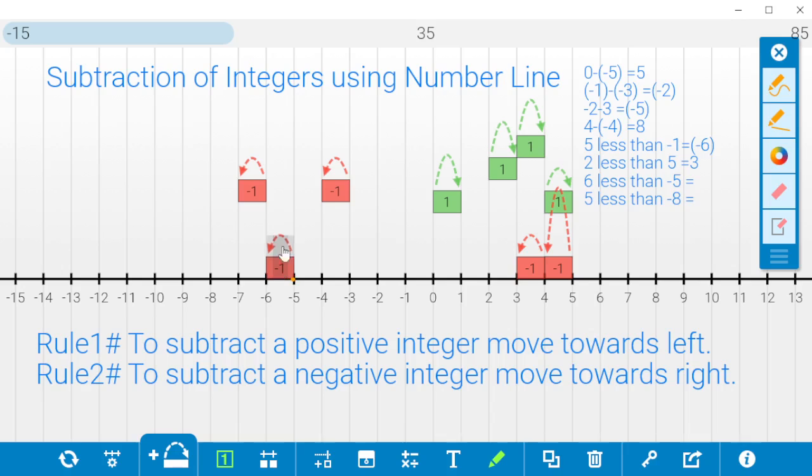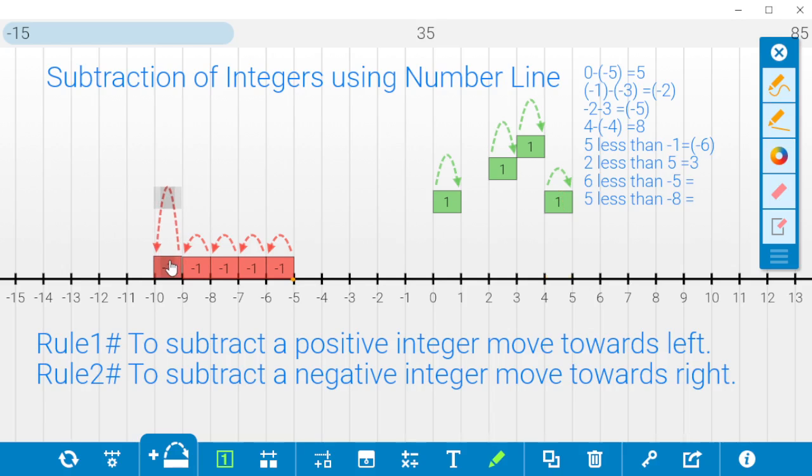So this is 1, then 2, then 3, then 4, then 5, and one more I want. So I will be duplicating it. So here we are.